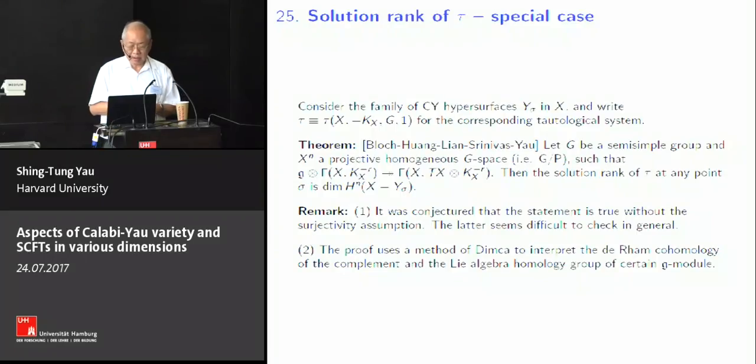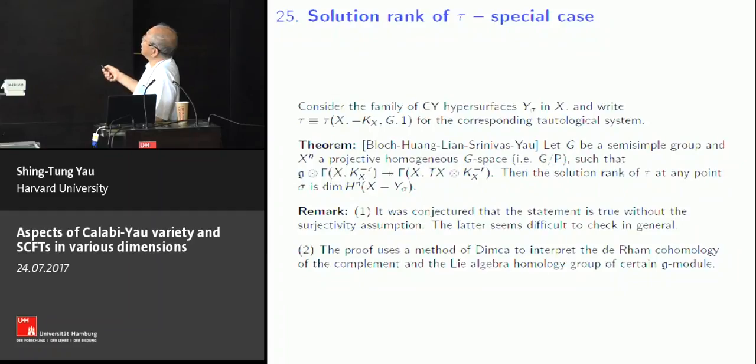And now we also find out that the solution rank, so tau, which we call the tautological system, has finite dimensional solutions. The rank of the solution at any point in our parameter space is just the dimension of the cohomology of the complement of the Calabi-Yau manifold in the ambient space, in the n-dimensional cohomology.